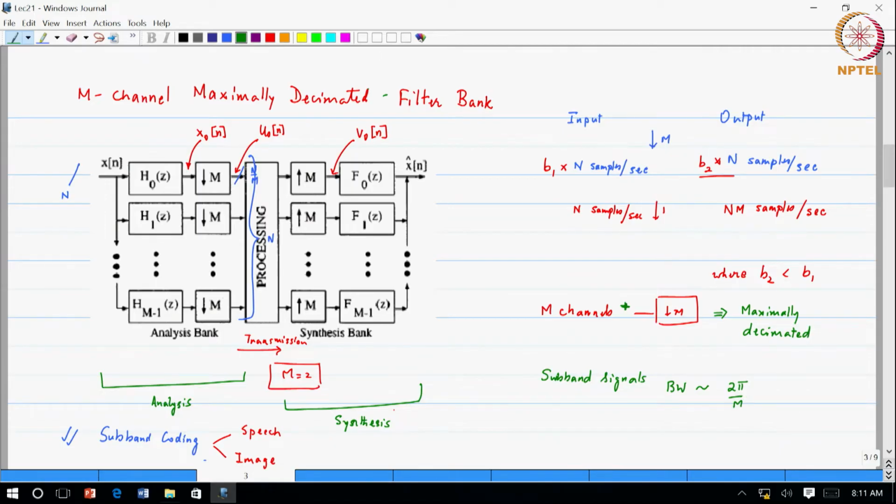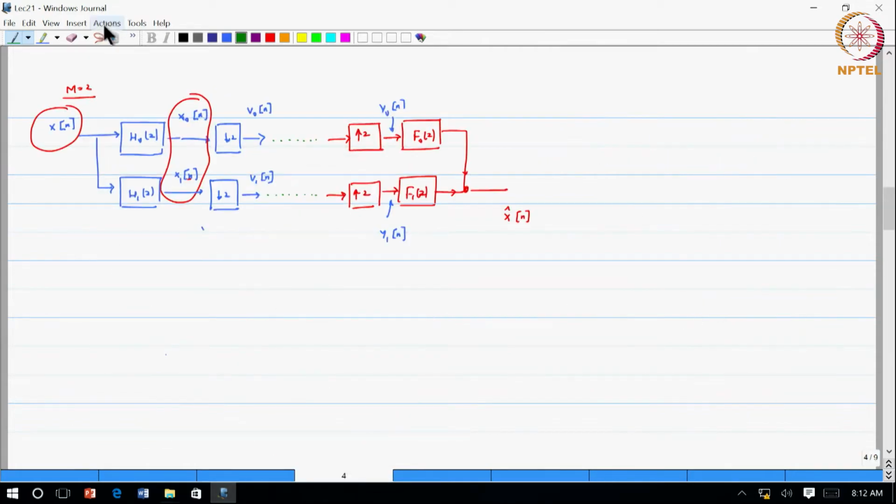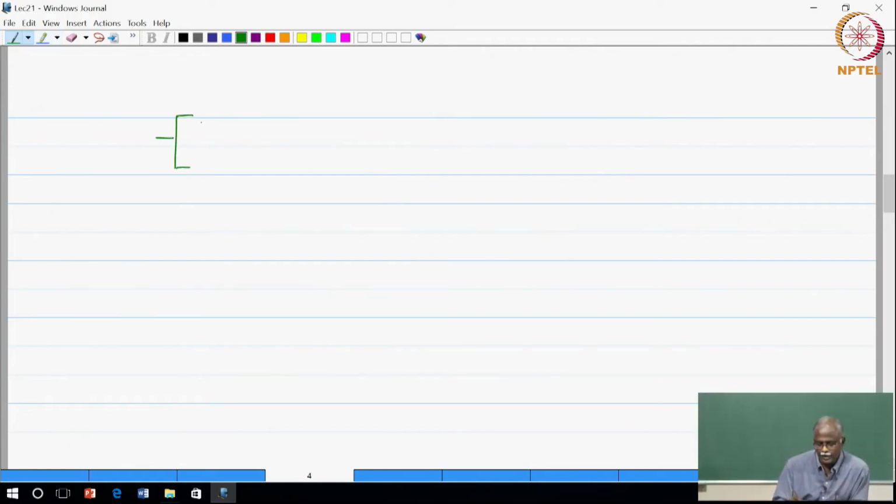Of course, you do have applications where you do non-uniform downsampling, and one of those applications, if you want to visualize it, is in the following manner. Okay, so supposing I do a 2-channel split. I won't write down all the filters.